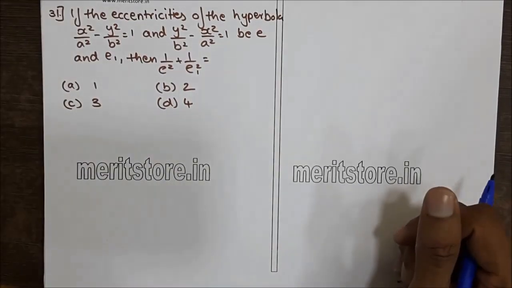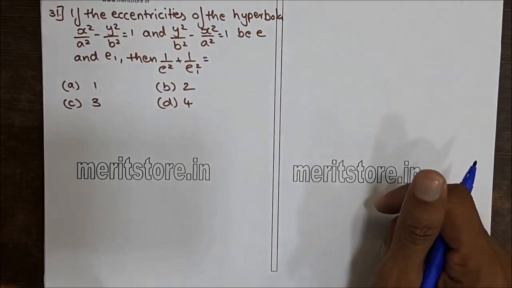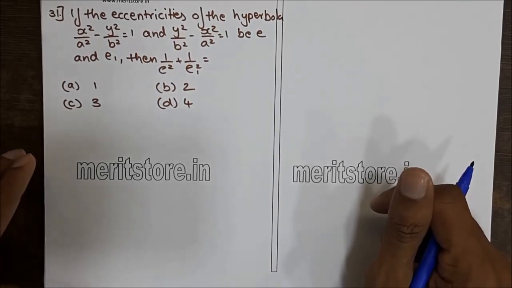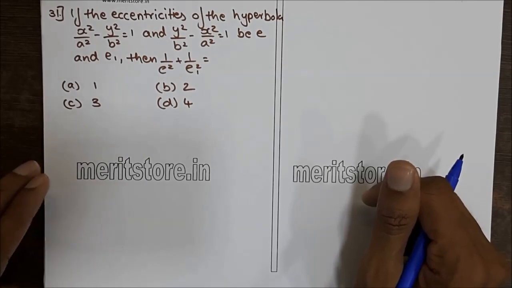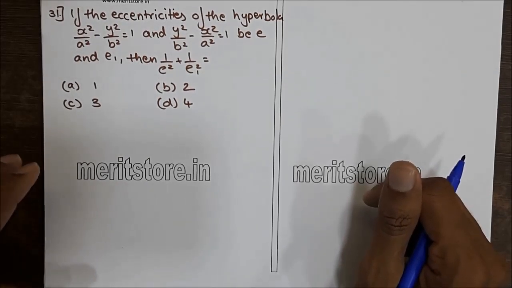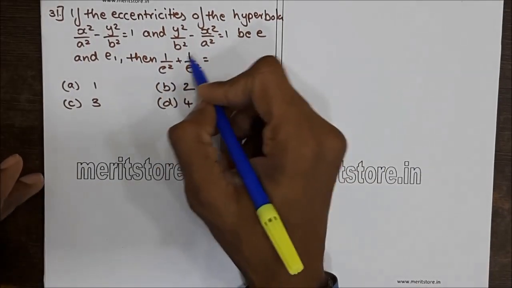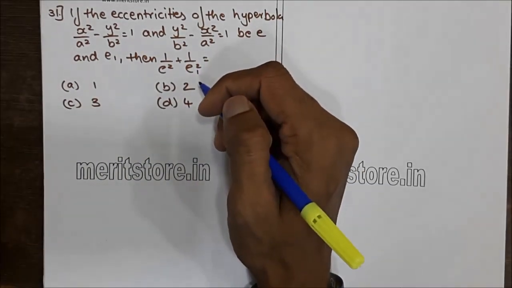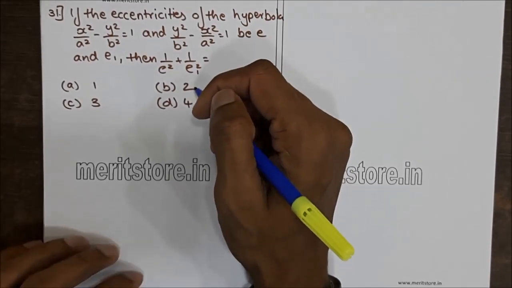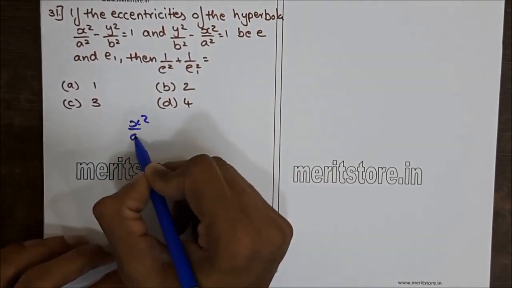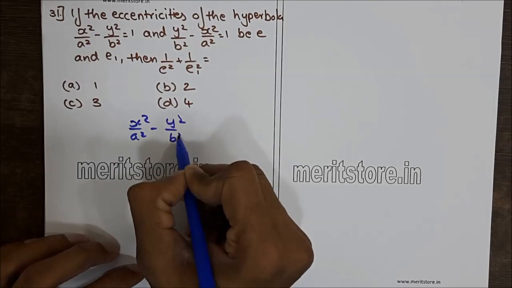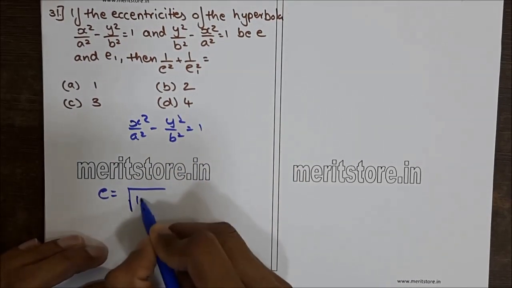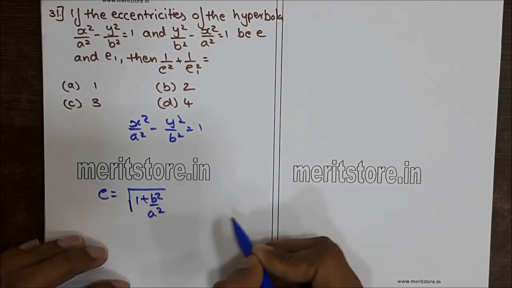Question 31. If the eccentricities of the hyperbola x square upon a square minus y square upon b square equal to 1 and y square upon b square minus x square upon a square equal to 1 be E and E1, then 1 upon E square plus 1 upon E1 square is equal to? The eccentricity of the hyperbola x square upon a square minus y square upon b square equal to 1 is given as E equal to under root of 1 plus b square upon a square.